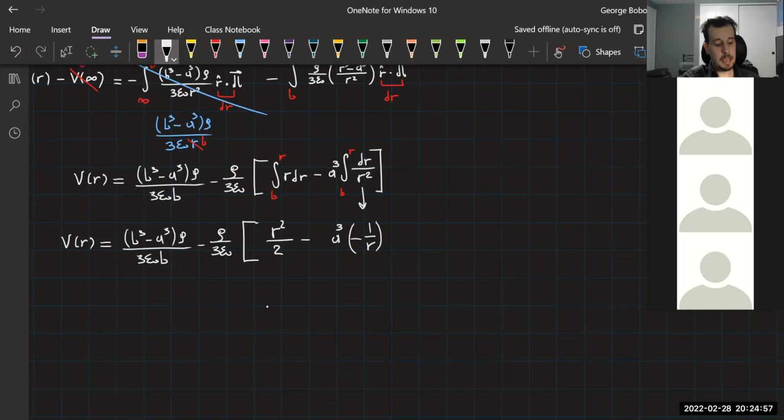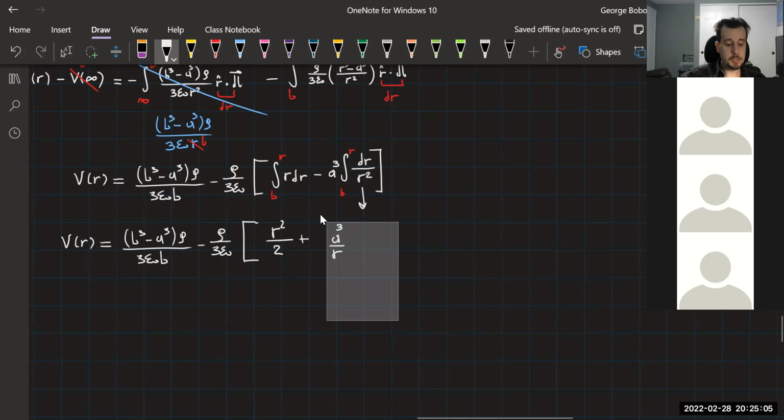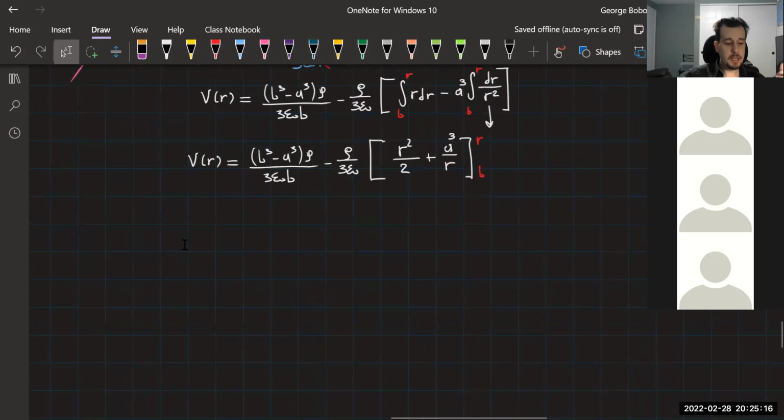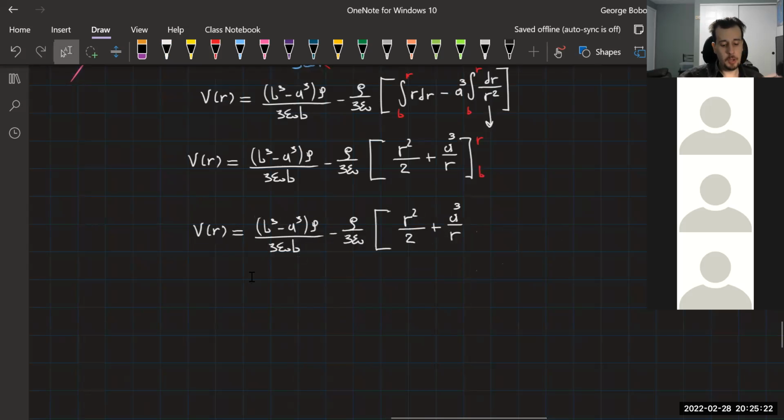The negatives here are going to cancel, so I'm just going to write this immediately. Both of these are being evaluated between B and R. In my next step, I do the evaluation, and we're going to have a big constant pile up.